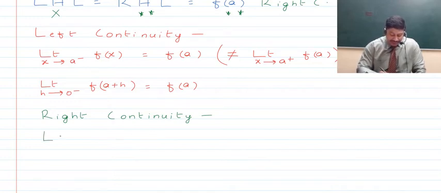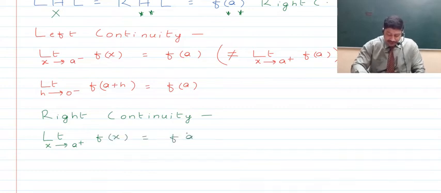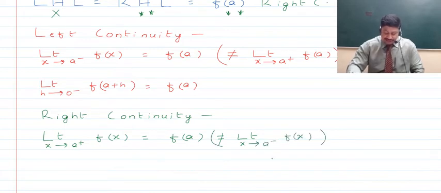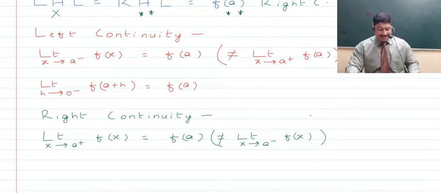Or in other words, we can say that limit x tends to a plus f of x is going to be equal to f of a, and further this is not going to be equal to limit x tending to a minus f of x, and here, as we know it, we are going to keep it in bracket.